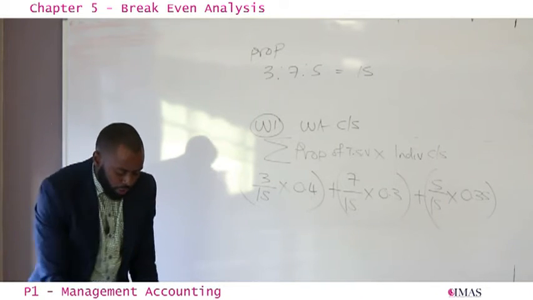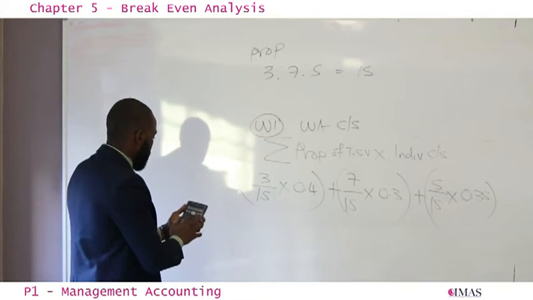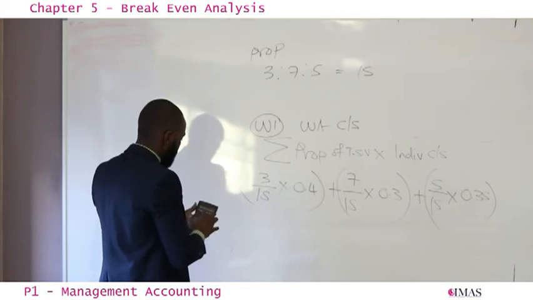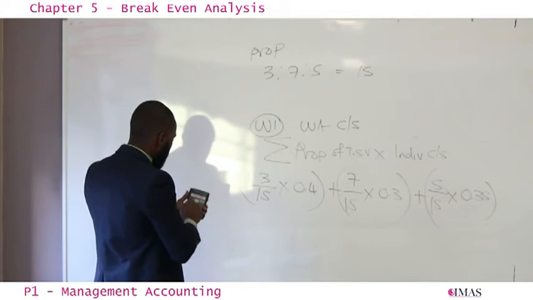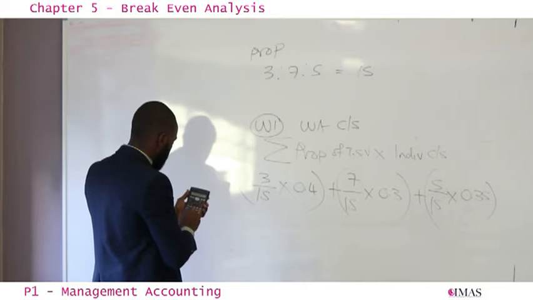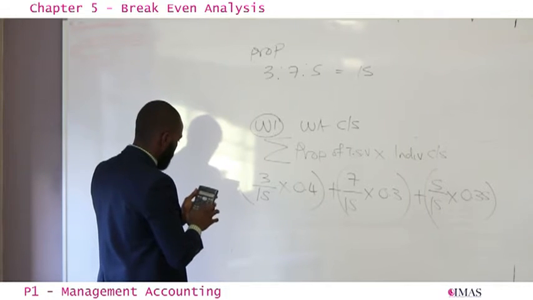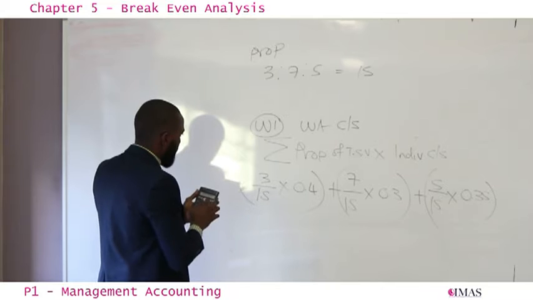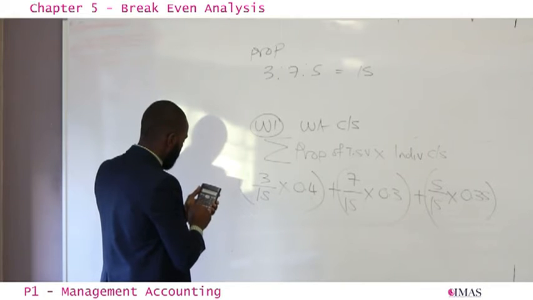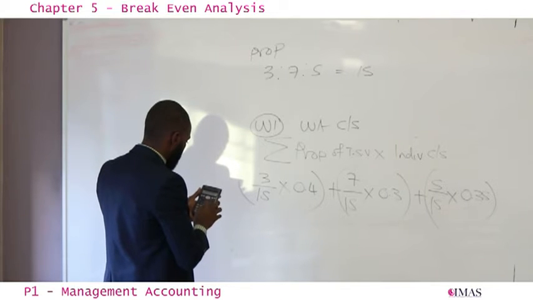Then we just go to our calculator. We have to be opening brackets and closing, then we sum them. So we say open bracket 3/15 times 0.4, close bracket, plus 7/15 times 0.3, close bracket, plus 5/15 times 0.35, then we close the bracket.